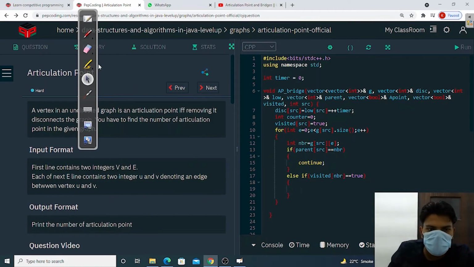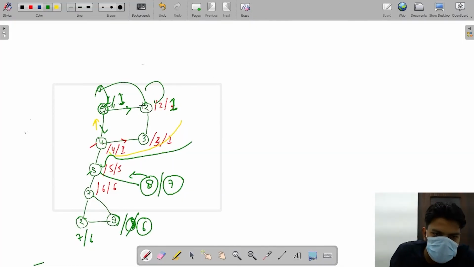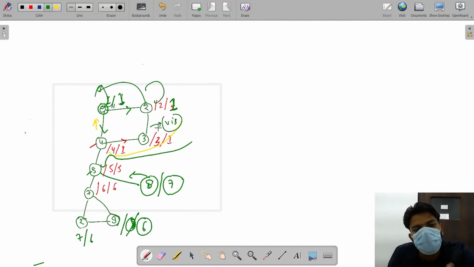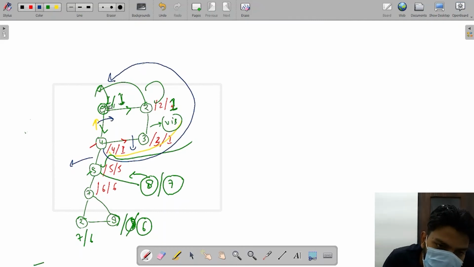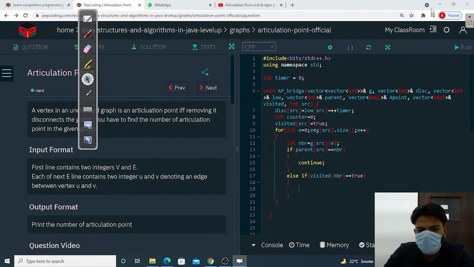At this stage, 2 has these neighbors, but if one is not visited, we skip it. If it is visited, like at 4, when we are ignoring the parent path, 4 has 3 neighbors. This neighbor is not visited, this one is your parent, but this neighbor is visited. So for finding this neighbor, we are putting this condition.